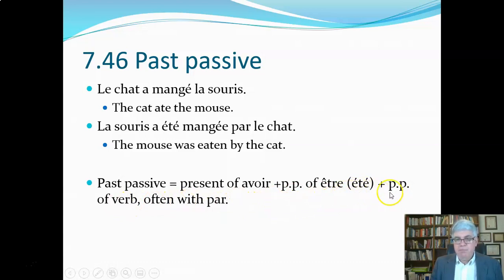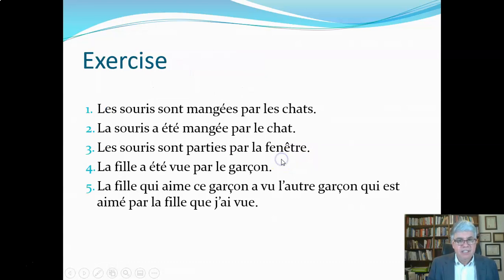So these two past participles, été plus another past participle, is going to be a sign of the past passive voice. So here are several sentences to translate, and write down the answers, and when you have translated them, you can correct them.